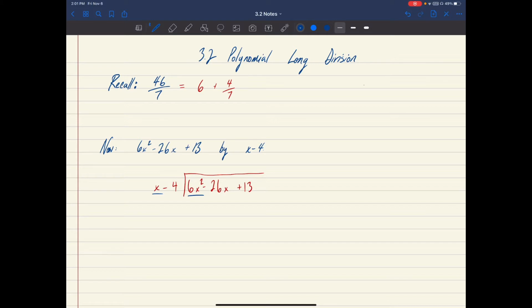So 6x squared divided by x is 6x. And then we multiply this 6x by x minus 4. So 6x times x is 6x squared, and 6x times negative 4 is negative 24x.